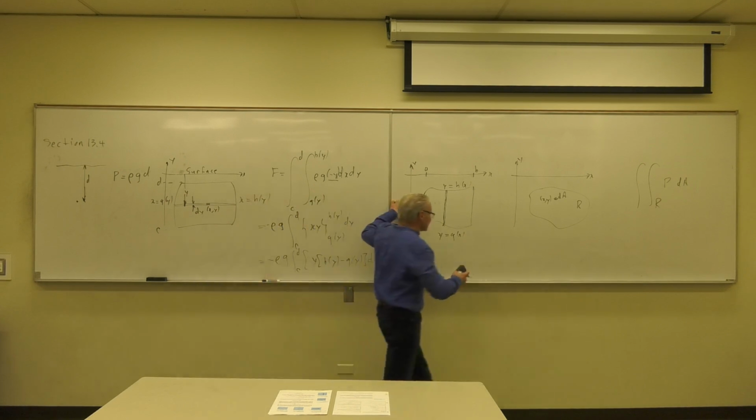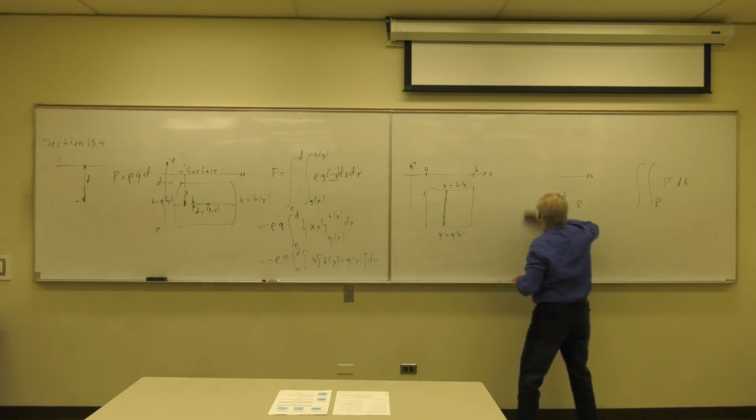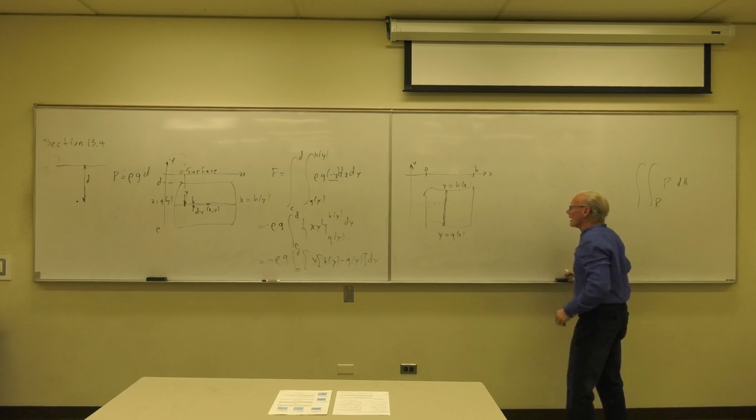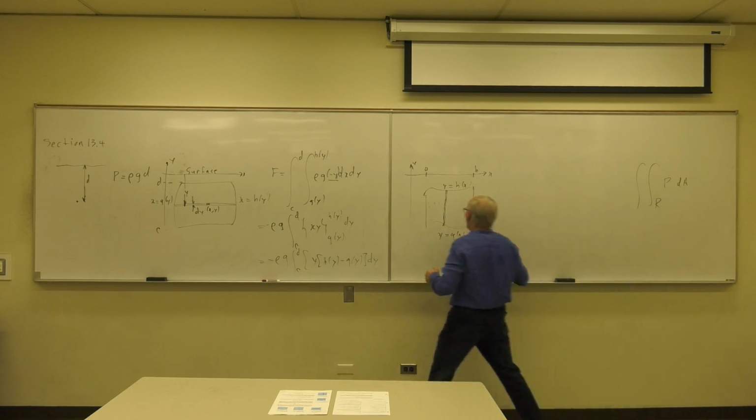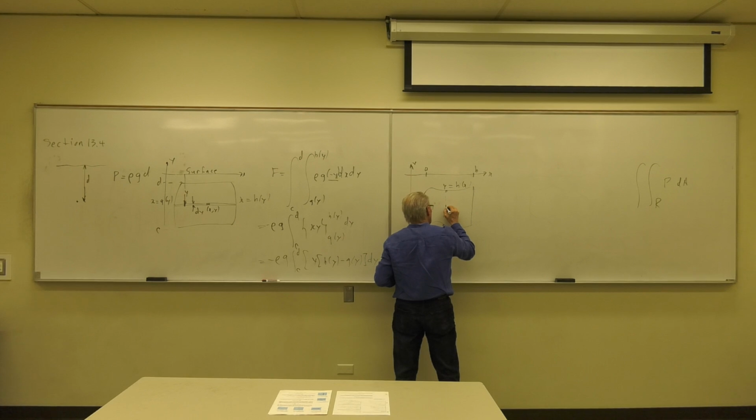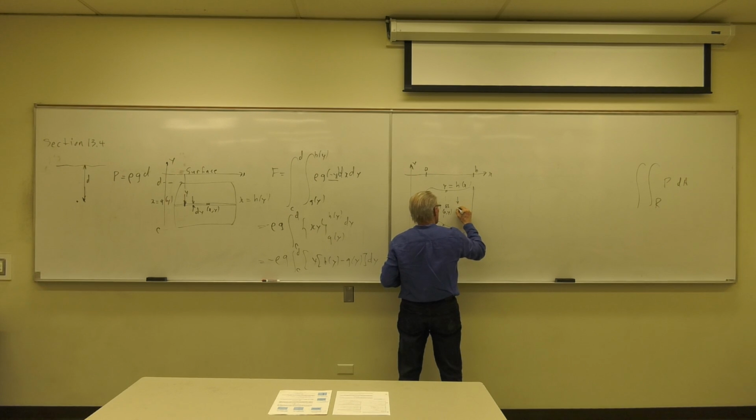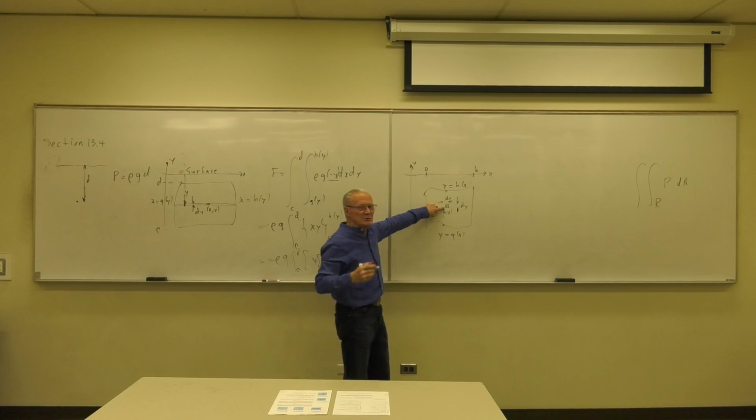Now let's talk this guy. If I want to do that guy, what am I going to say? Divide my plate into tiny pieces at position x and y of dimensions dy this way, dx that way. We'll calculate the force on this tiny rectangle.